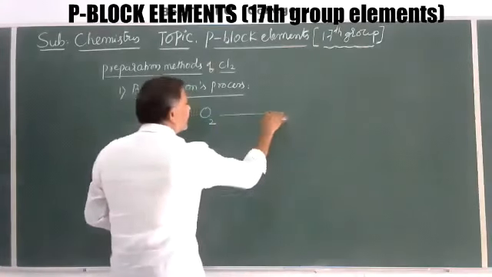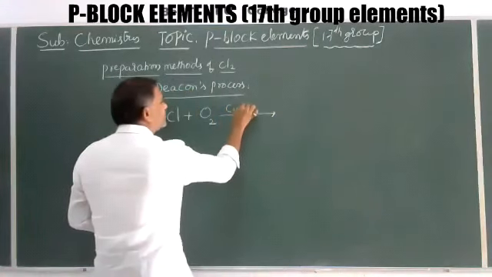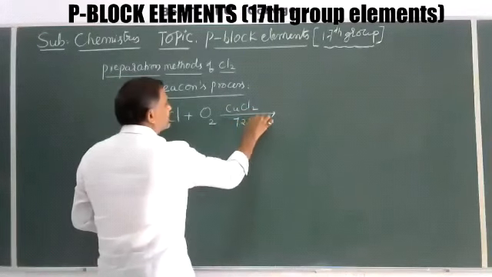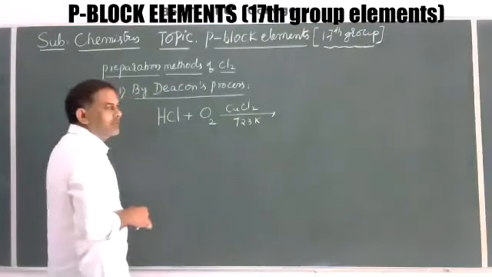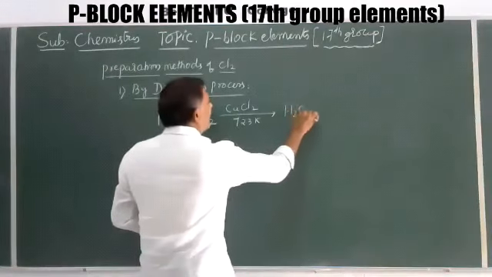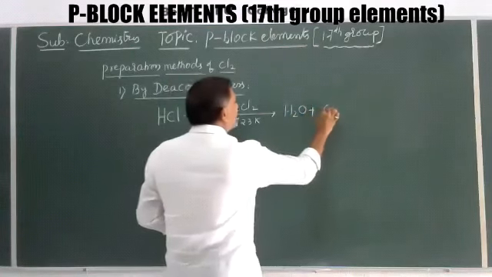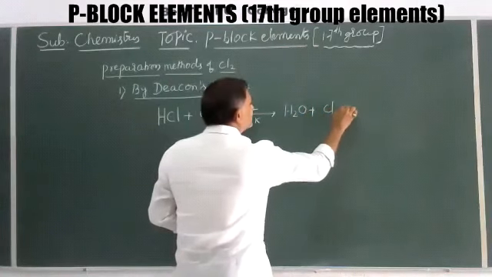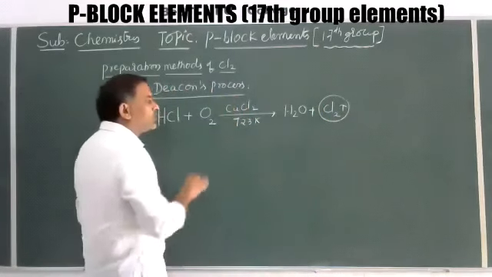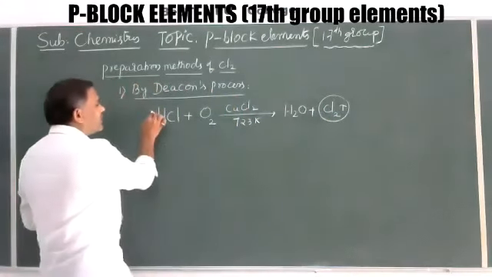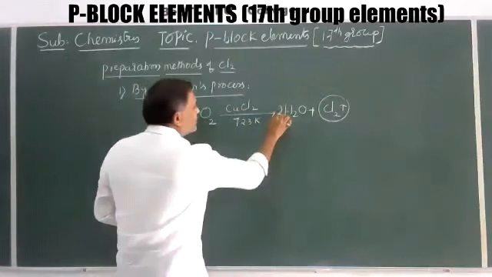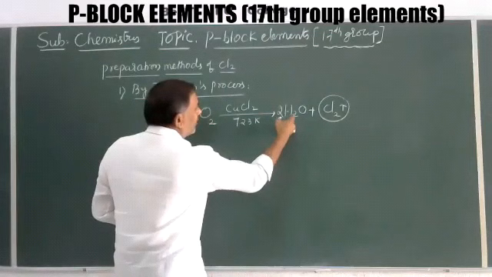In the presence of catalyst, that is cupric chloride at nearly 723 kelvins, the corresponding byproduct water plus chlorine gas is liberated. Now to get Cl2, the total oxygen is 2, that's why I take 2 moles here.